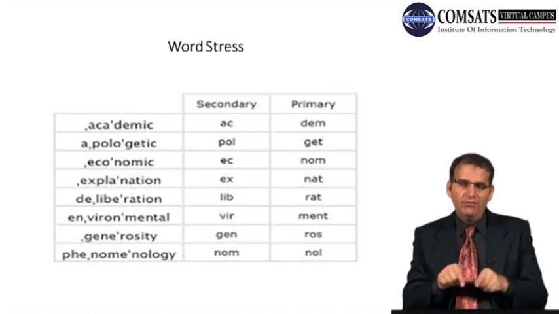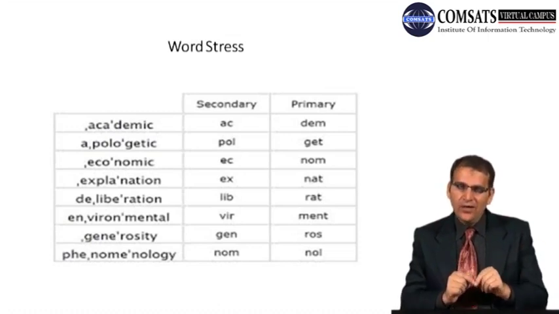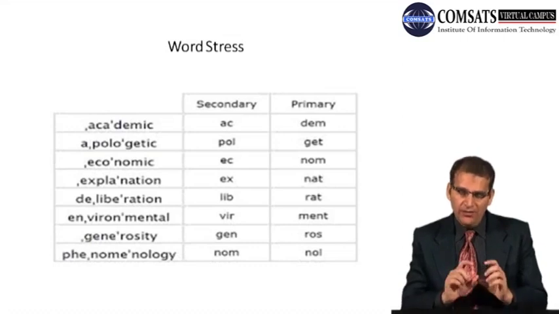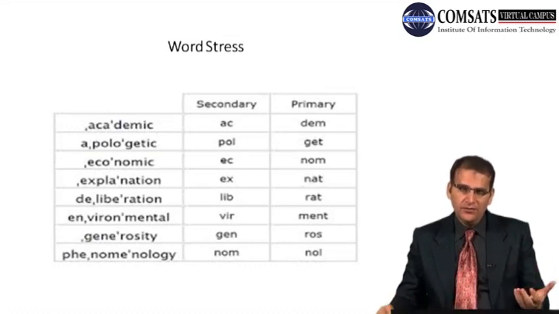So this chart can be brought in the class, right? With deliberation, or environmental, generosity, environmental. Then what? Phenomenology, methodological, right? So we can bring a chart, and with this phonetic transcription they would help the students.